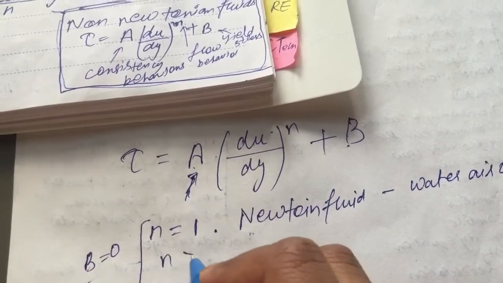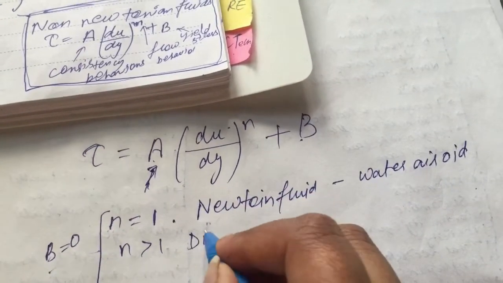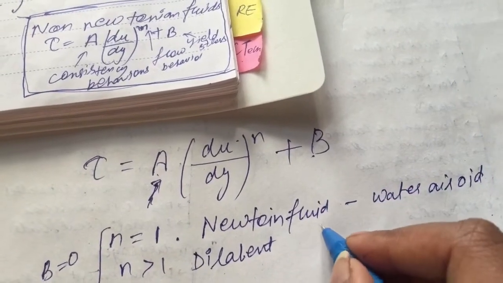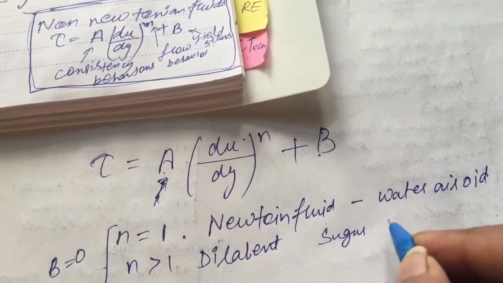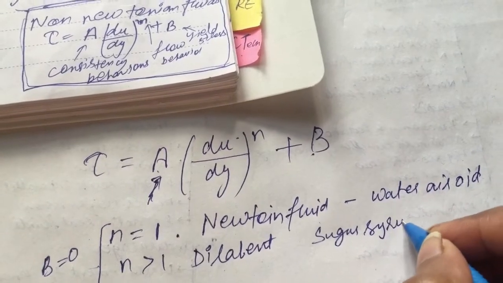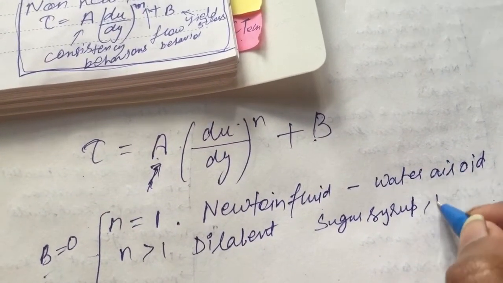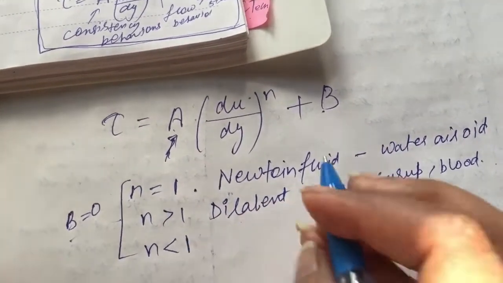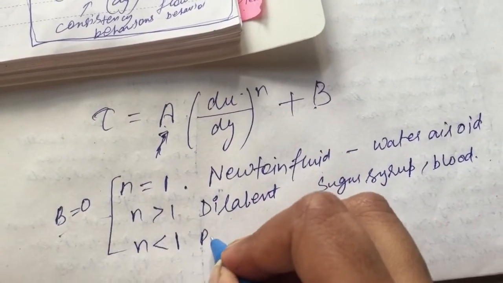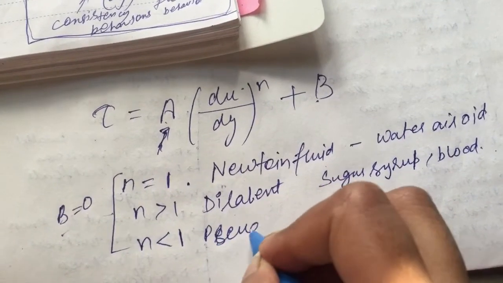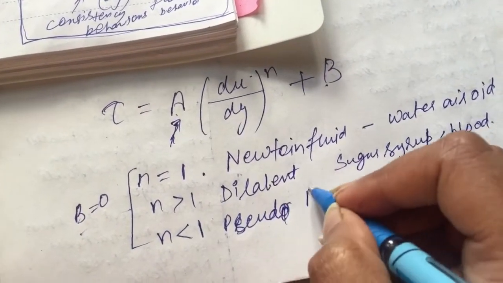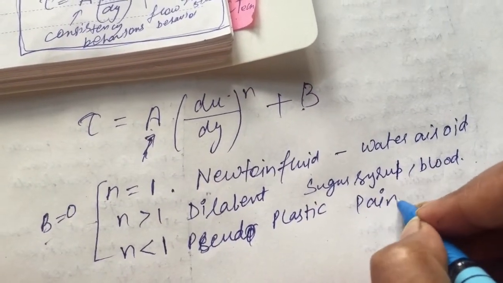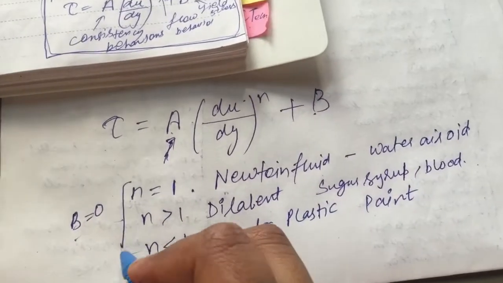And if n is greater than 1, then it is dilatant, for which sugar, syrup and blood are examples of dilatant fluid. Then when n is less than 1, it is pseudoplastic. Paint is an example of pseudoplastic.